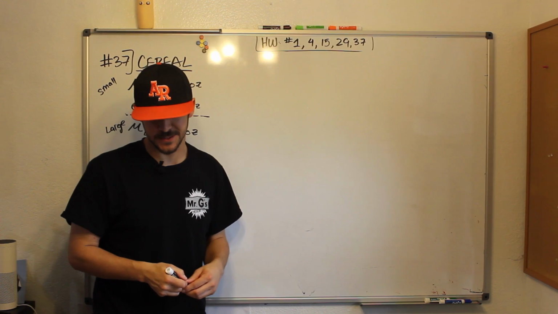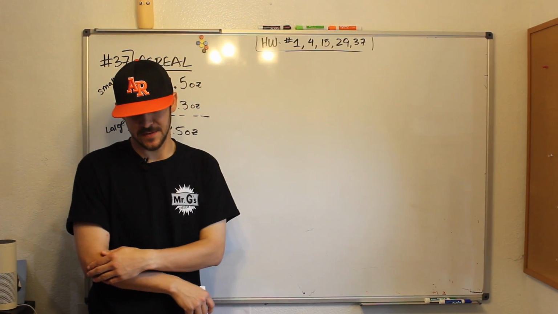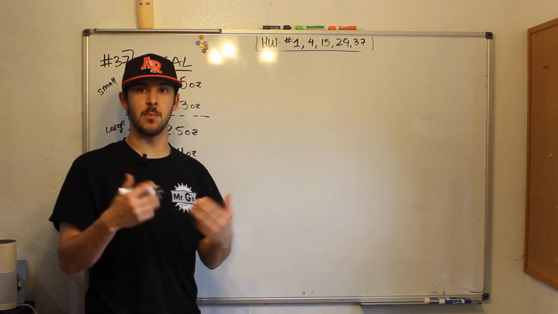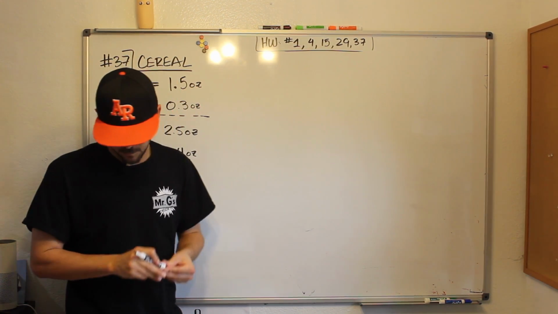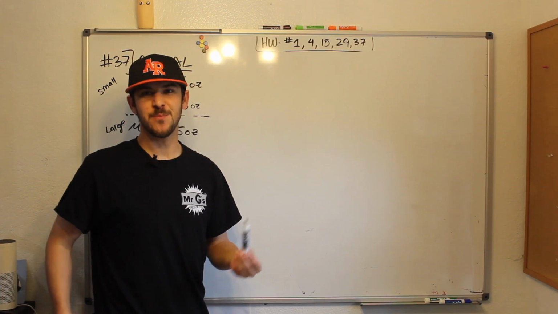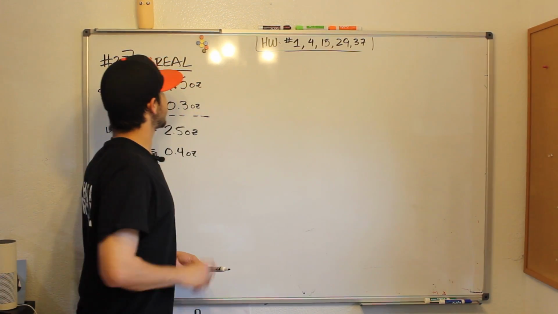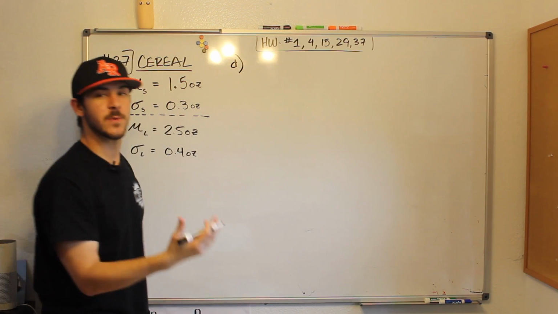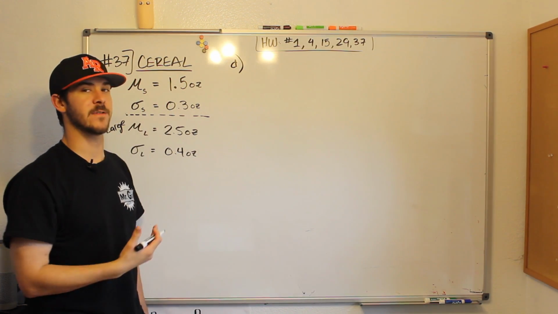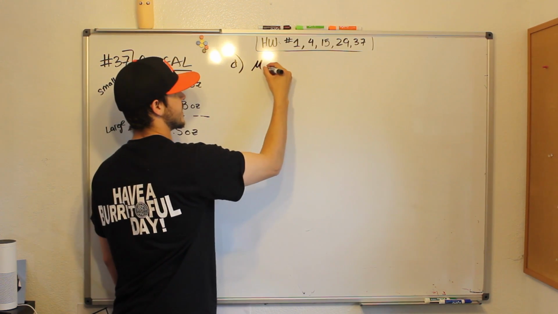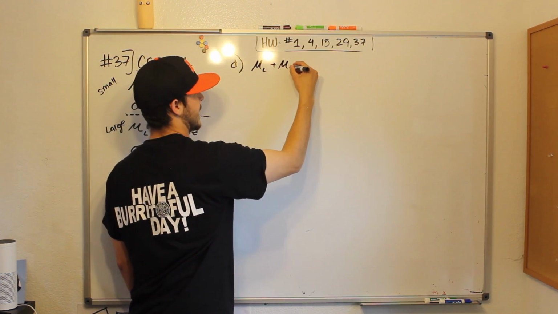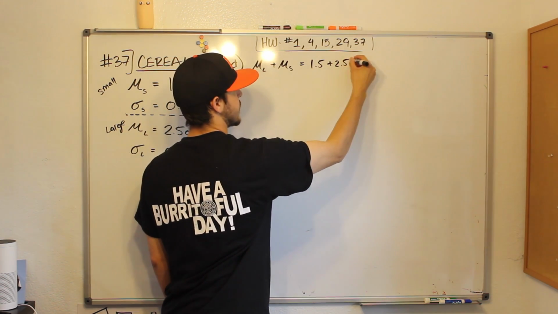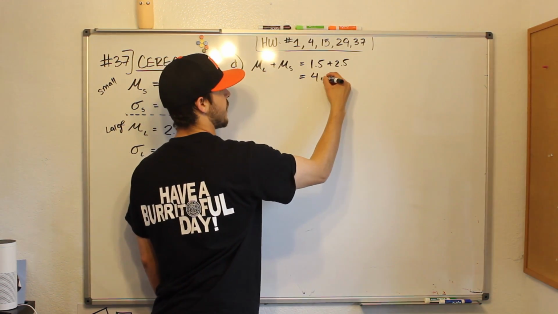Part D asks us, what are the mean and the standard deviation of the total amount of cereal in the two bowls? So what part D is saying is, what happens when you put them together? If we follow the same situation as before with finding the difference, we can take the expected value of the large bowl and add it to the expected value of the small bowl, and we get a value of about 4 ounces.